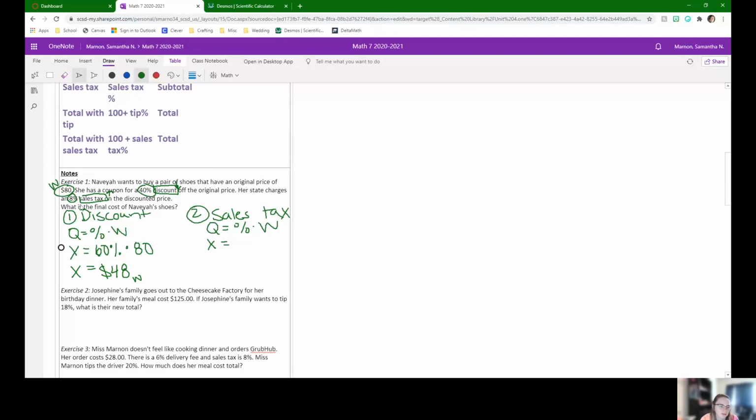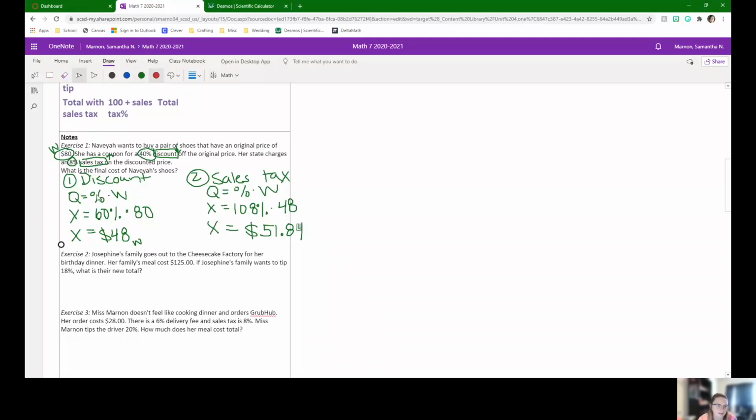I'm going to do 100 plus the sales tax, so that's 108%, times our new whole, the discounted price, we're going to use $48. So you can multiply this on a yellow calculator with the percent key or change this to 1.08 as a decimal. And we're going to get, for our final price of the shoes, $51.84. You could have done 8% of 48 and then added it on in another step, but I just did the lazy math way. Both ways will work though.